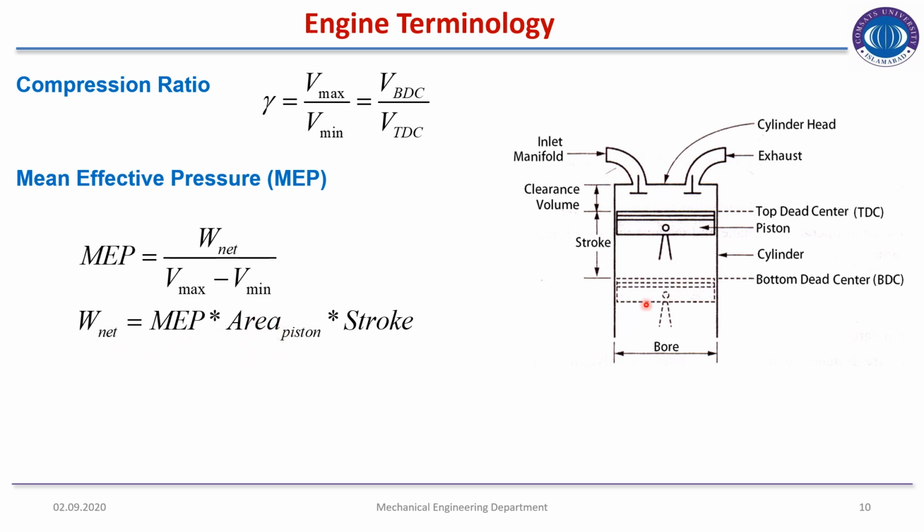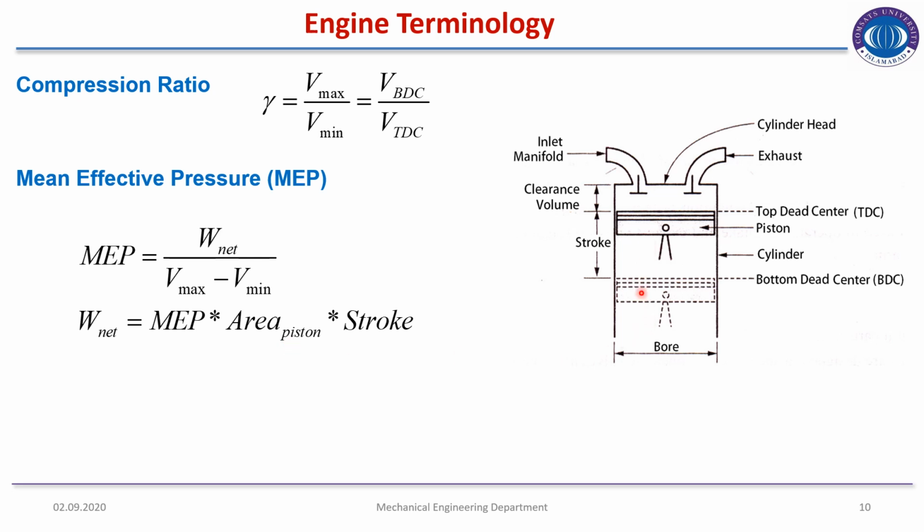So what will be the area of piston? You will calculate the surface area with the help of the pi by 4 d square formula. And stroke is the maximum displacement of the piston from bottom dead center to the top dead center. Because it is the area times the length, it is also known as swept volume. Somewhere in your book you might see swept volume written.